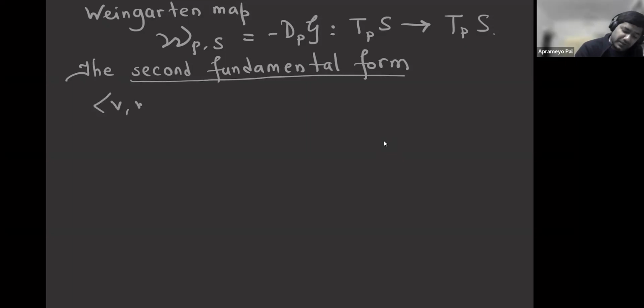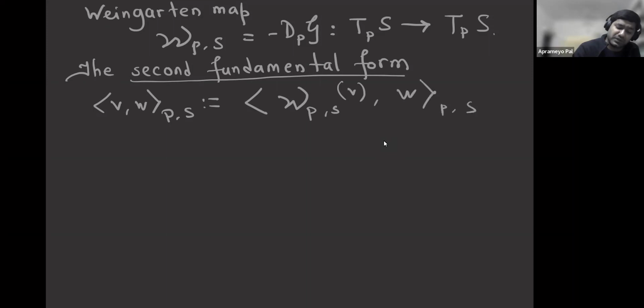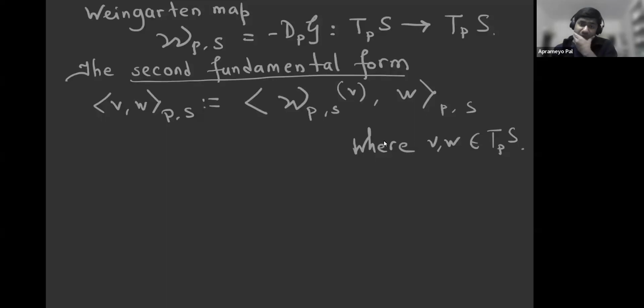It was given by the bilinear form (V, W) at P S as the inner product given by W_P S of V, W_P S, where V and W are elements in the tangent plane. Okay, this was defined yesterday.